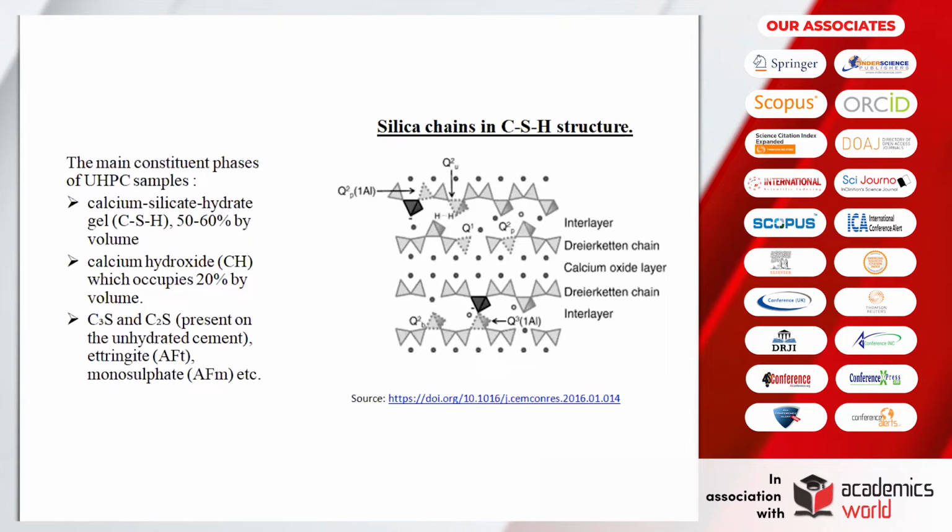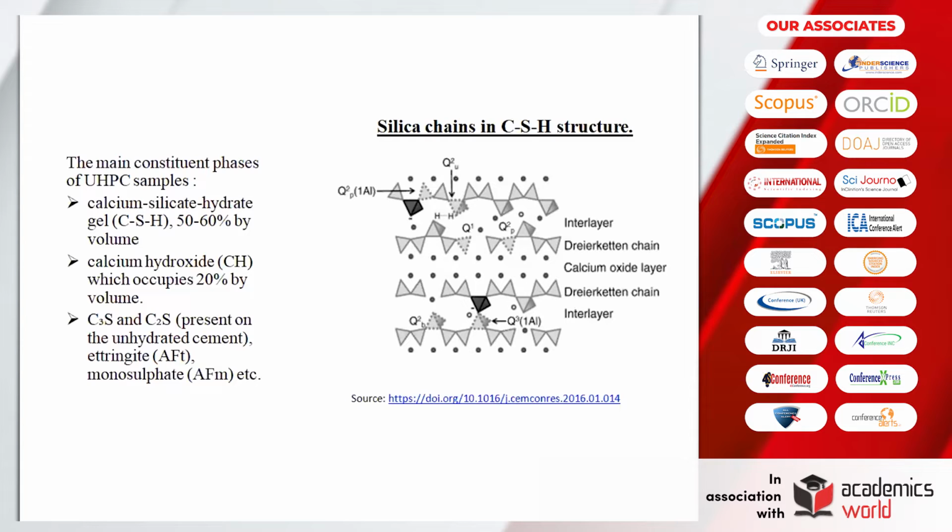The main constituent, which provides the strength of the concrete, is calcium silicate hydrate. Another is calcium hydroxide, which negatively affects the properties of the material. Also, we have the unhydrated part of the cement. This calcium silicate hydrate has a nanostructure like a sandwich.